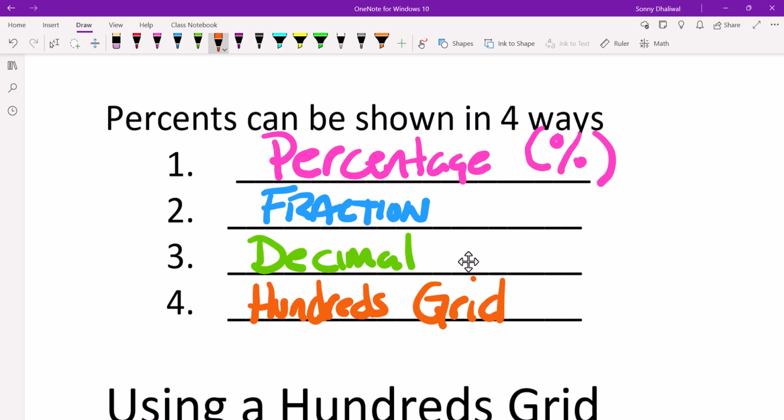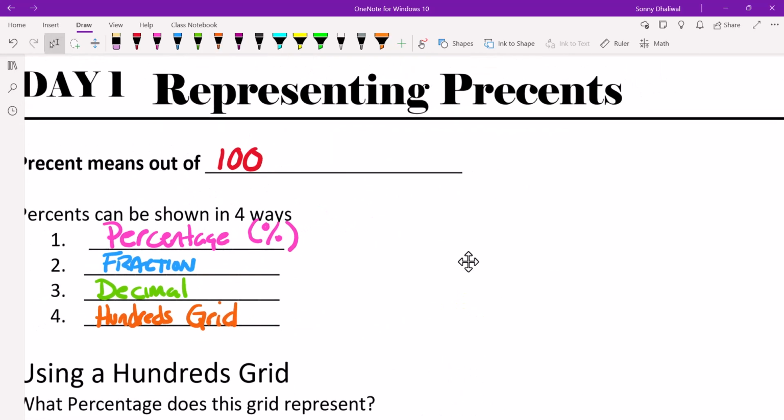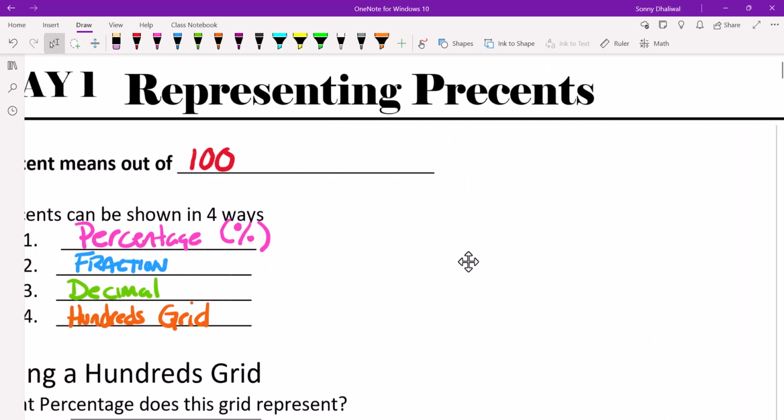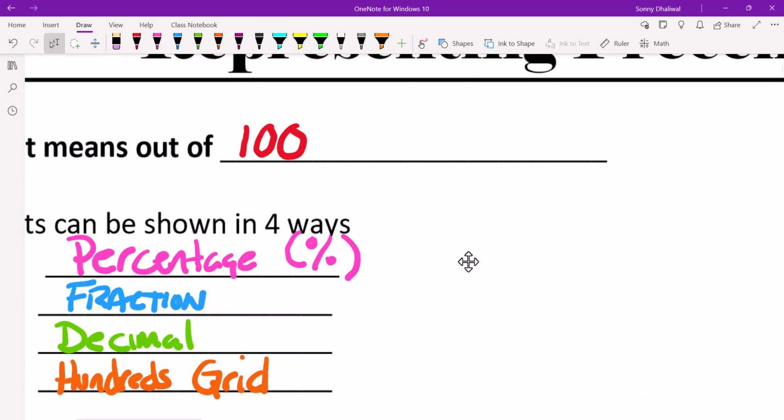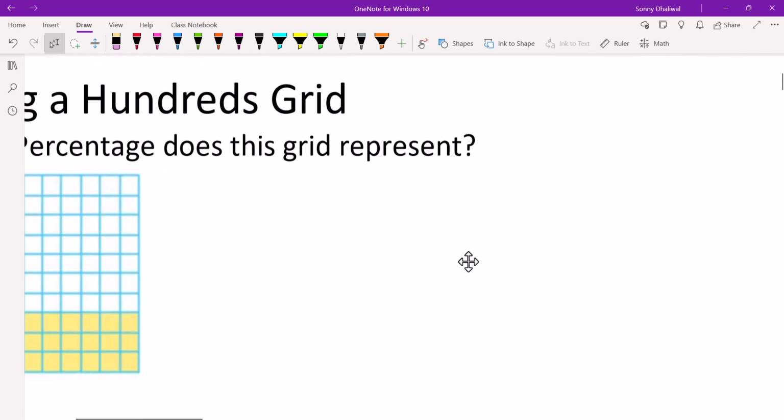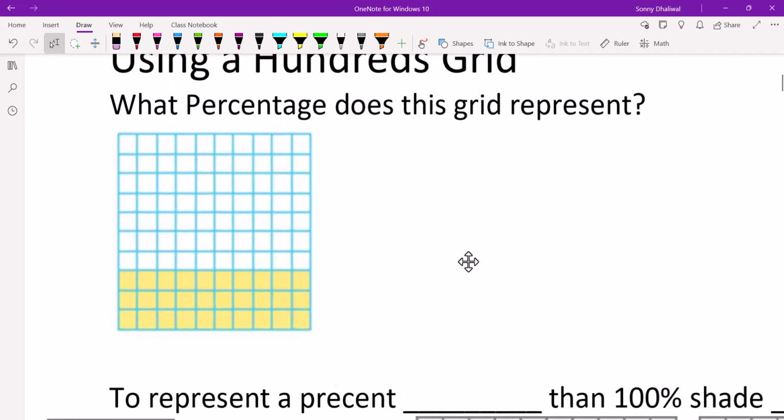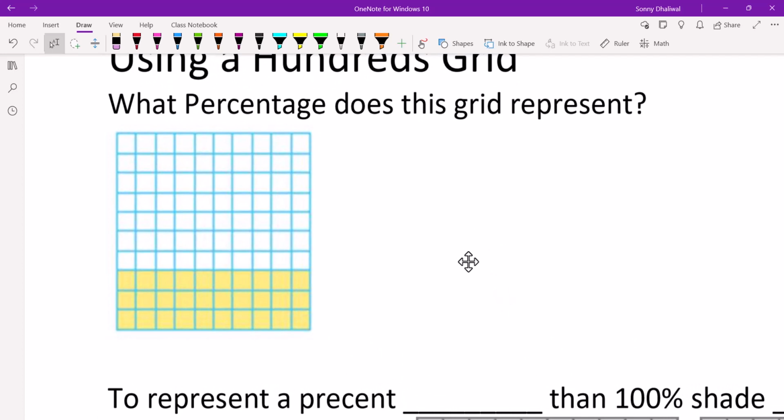All right, so like I said, a fraction is out of 100. So we have these 100 squares. If you were to count up all these boxes, there would be 100 of them.